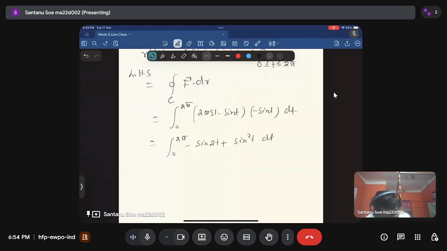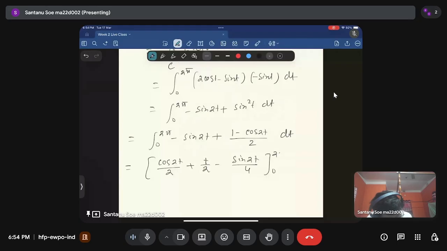So this is 1 by 2 plus pi minus 0 minus 1.